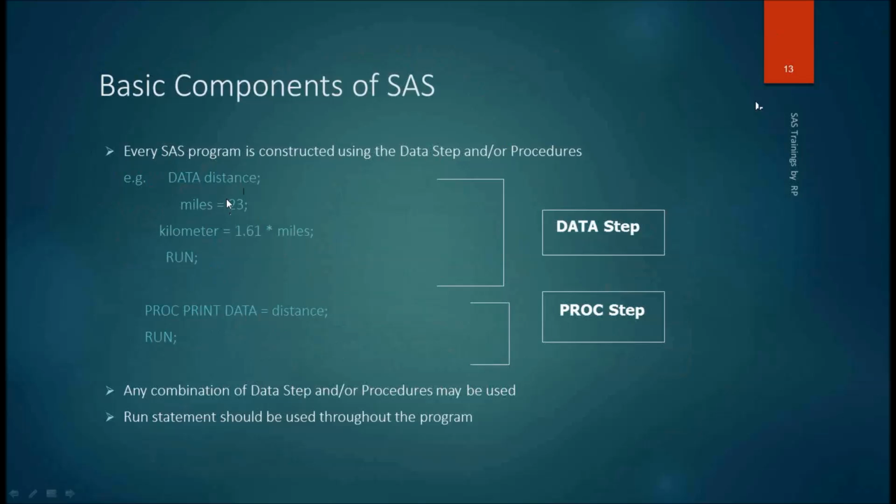If you see the example here, there are two components: one is the data component and one is the proc component. In the data component, we are creating one dataset using two variables, and in the proc component, it prints the created dataset called distance.